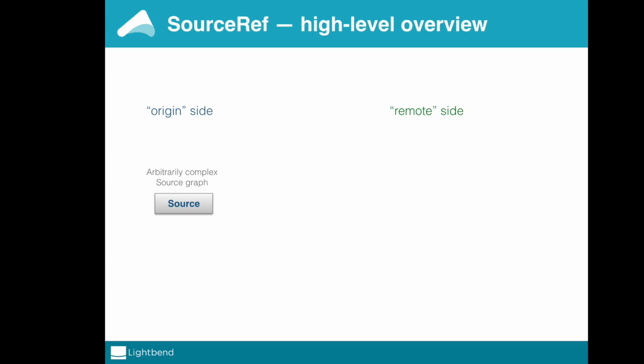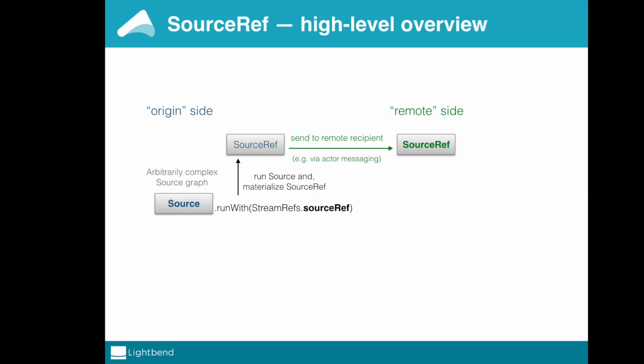So, to explain the SourceRef, imagine you have some source, you want to share some data, you have some measurements, some metrics you want to share to the remote side. It can be any source, it could be an Alpakka source or anything really. Then you materialize it using the SourceRef. So basically you have a source, you use StreamRefs.sourceRef to obtain the SourceRef. Then you can send the SourceRef over to the other side, and the other side can simply run it.